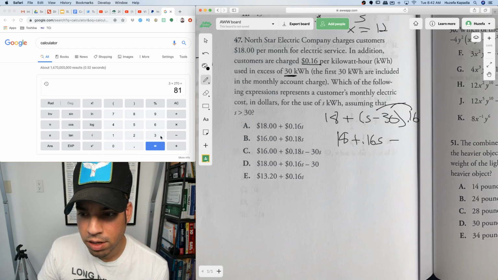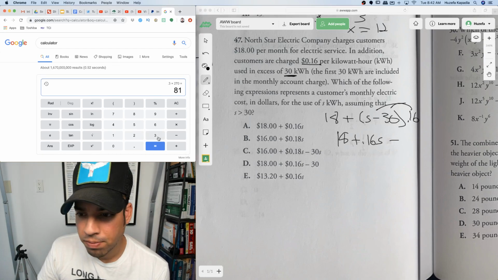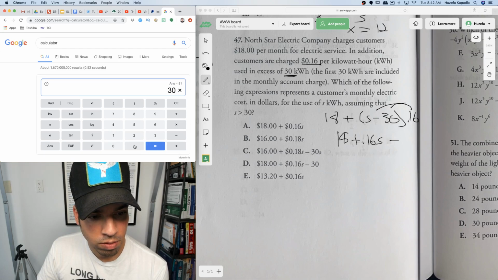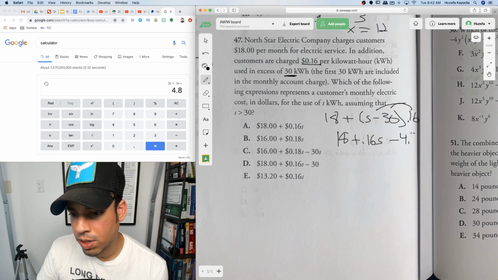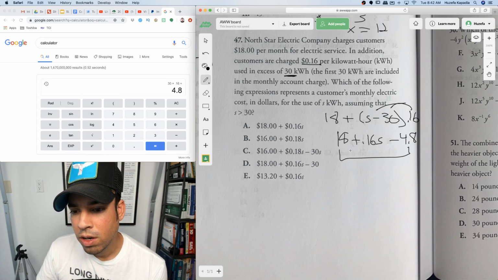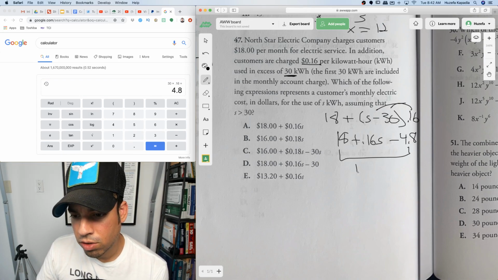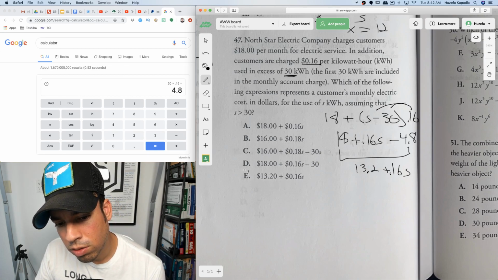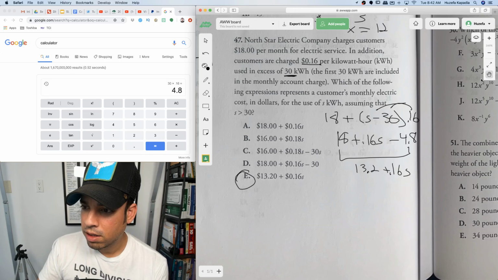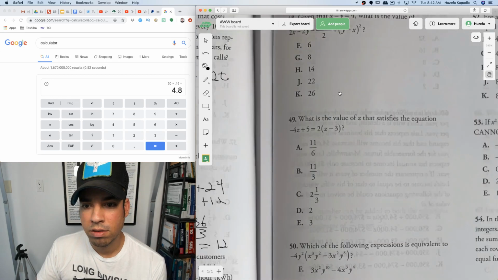I think that's 4.8 or something. Yep, 4.8. And then we combine like terms. 18 minus 4.8 is 13.2. 13.2 plus 0.16s. It's the only one. Done. That's it. Next. 48.